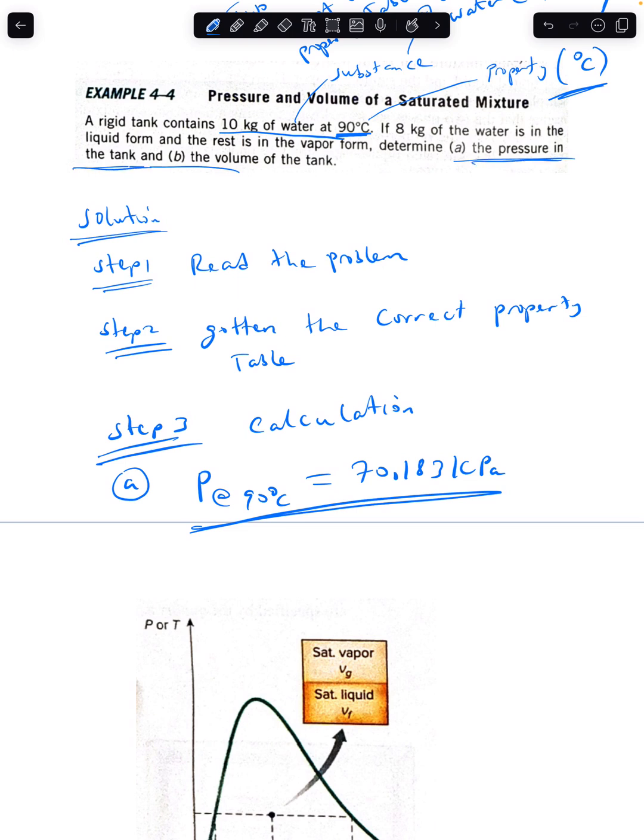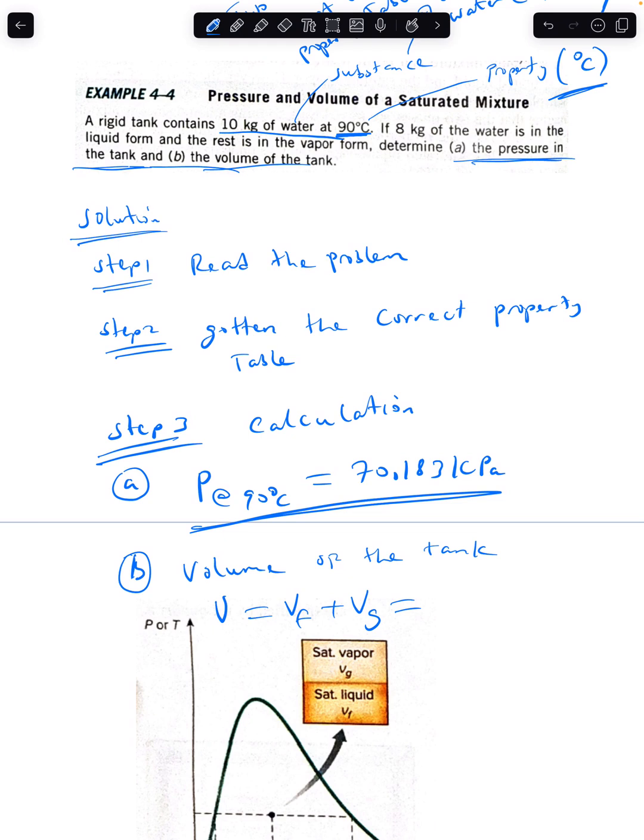Now the next part is to calculate B. Calculate the volume of the tank. The first thing you want to do is to ask yourself a question. What is the formula for the volume of a tank? Volume of a tank is equal to what? The volume of fluid plus the volume of vapor.